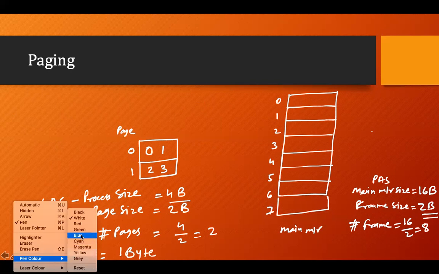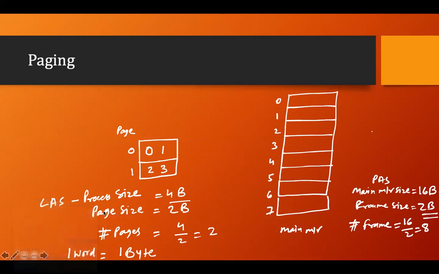It will be the 0th word and first word, second and third word, fourth and fifth word, sixth and seventh word, eighth and ninth word, 10th and 11th word, 12th and 13th word, and 14 and 15. So as you can see, how many are there in total? 16 words are there.